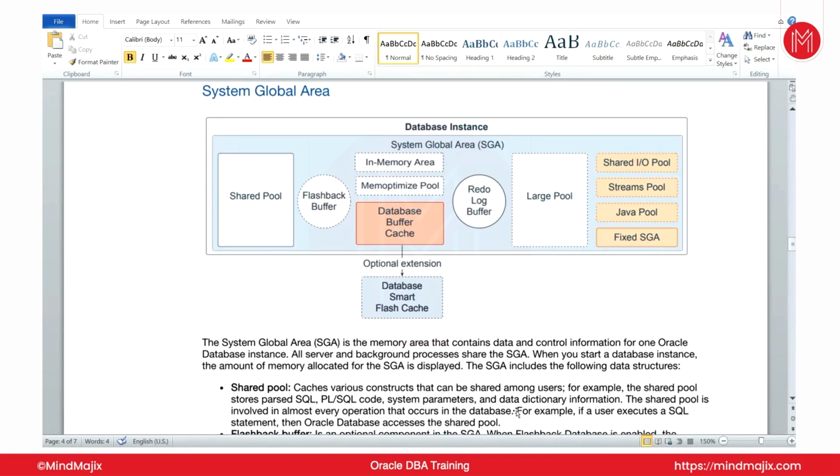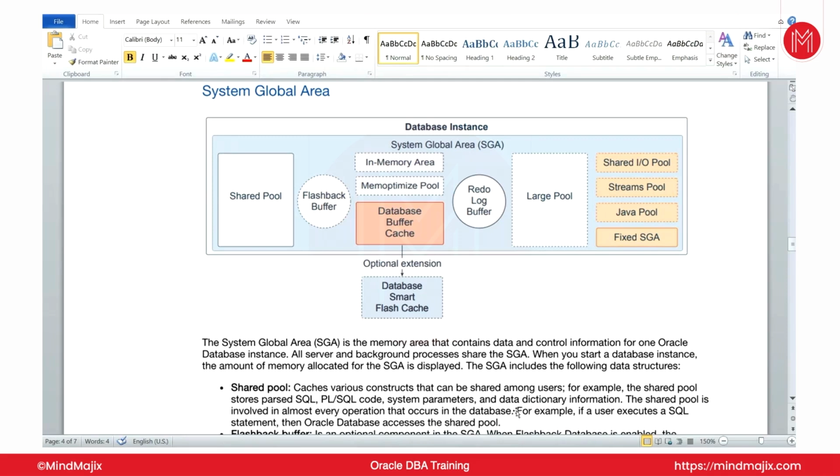Where is the step when I pass the SQL statement and I get the result set back, like the content of the table? So that is the last step. First step is parsing. Second step is the execution of the SQL statement. And the last step is fetching the data and sending it back to the user.